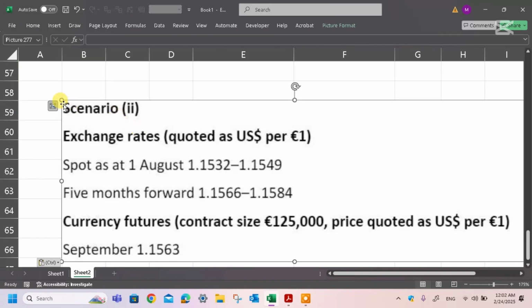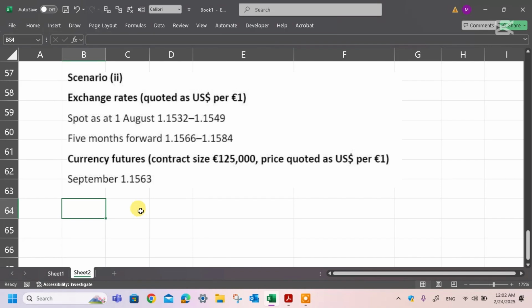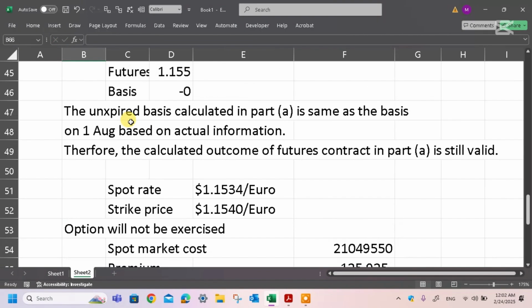I'm just copying this data so that I can easily refer to it. Scenario 2. Again, you can say the outcome in the forward contract will not change. Futures. What did we do for futures in scenario 1?